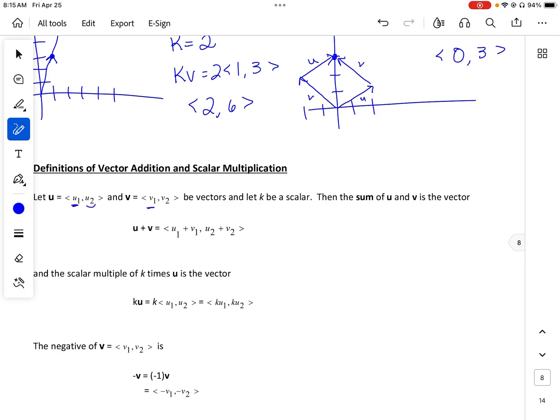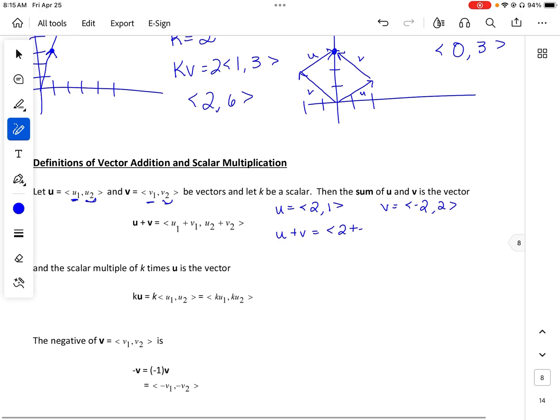Okay, so we see how it is in the coordinate plane. So let's see how we can do it algebraically. So by the definition of vector addition, whenever we are adding them, we add the x values and then the y values. So let's do our last one that we just did.